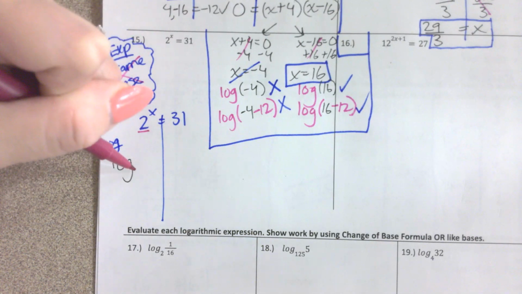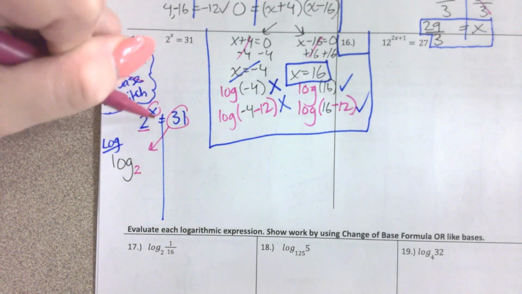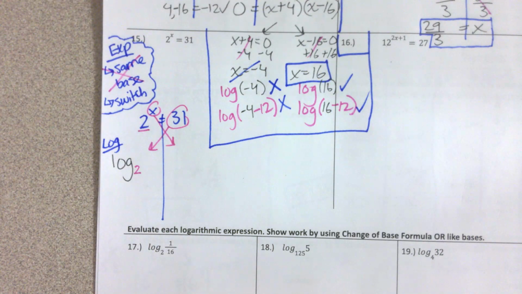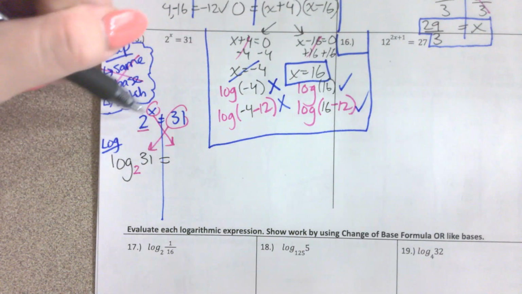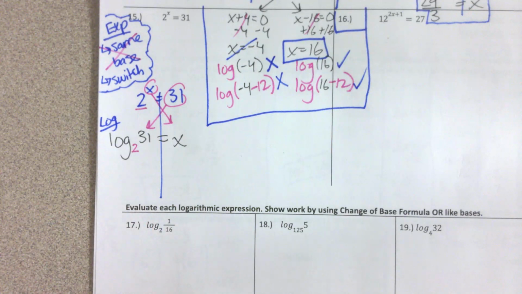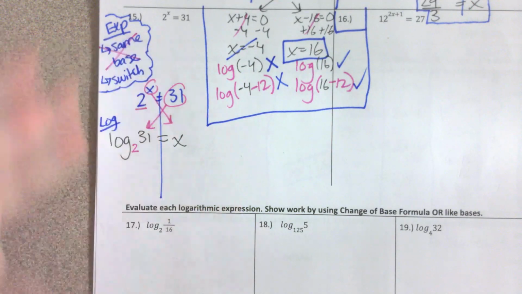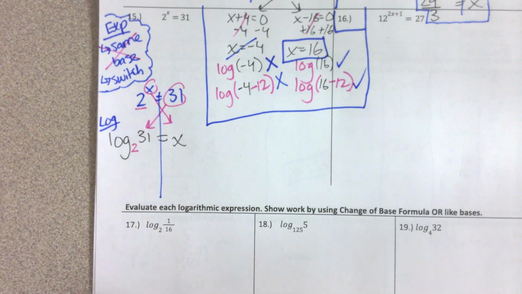My base is 2, it's a little 2, and then the other two are going to switch sides. So 31 will go here, and then the x will go over here. And what's so nice about these problems is I switch and I'm basically done. I just need my calculator to tell me what this number is.